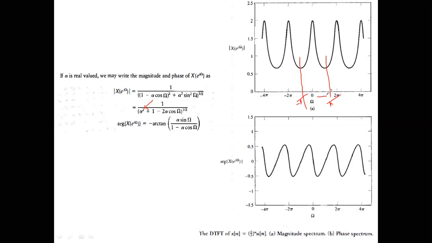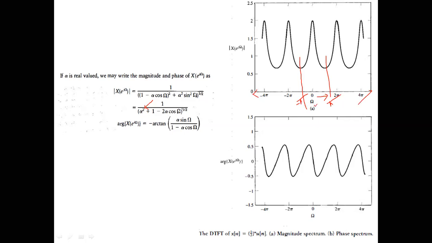One thing, it was depending on alpha, not on omega. But what we are changing, what is this axis? This axis is my omega. So it's on the behavior of omega.